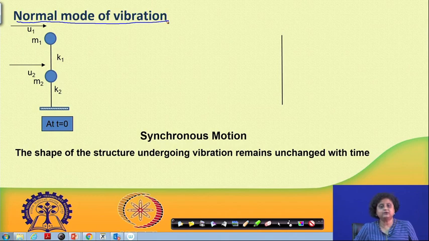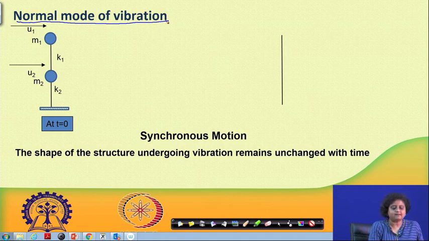This is an essential or fundamental concept of multi-degree of freedom systems, and if one understands clearly the physics of what is normal mode of vibration, the problem of multi-degree of freedom system becomes very straightforward. So, suppose I have a 2 degree of freedom system. Under normal mode of vibration, I emphasize only under normal mode of vibration, which is a special or particular form of vibration.